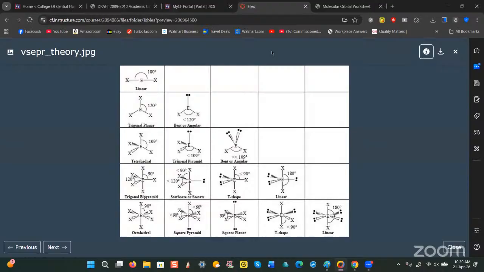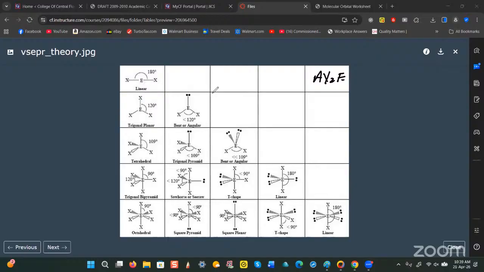So this chart here, let me just explain. This chart basically gives you the shapes based on the central atom, the number of bonding pairs or lone pairs surrounding the central atom. So this is a linear arrangement. In this representation, where I introduced you to this sort of representation, like AX2E, the E here is actually the A in our representation, right?